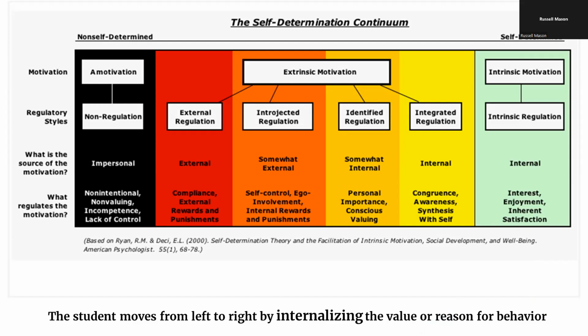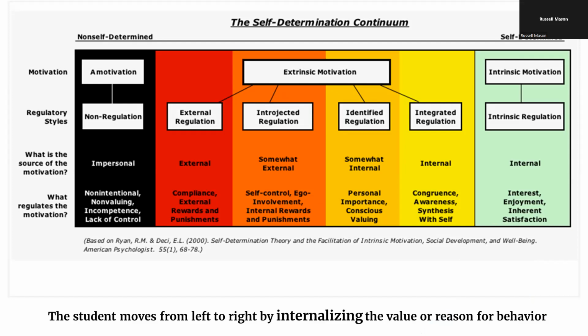If we notice the comment at the bottom of the PowerPoint, it says the student moves from left to right along the continuum by internalizing the reason or value for their behavior. So internalizing means first understanding the reason for something.